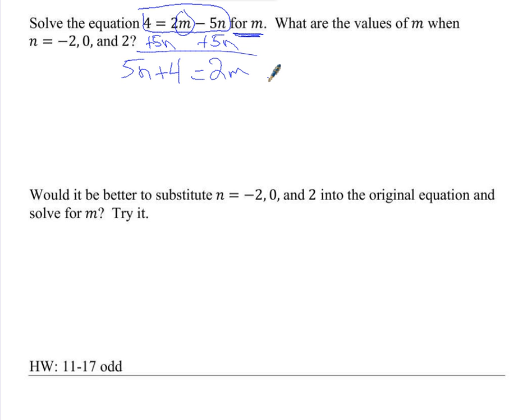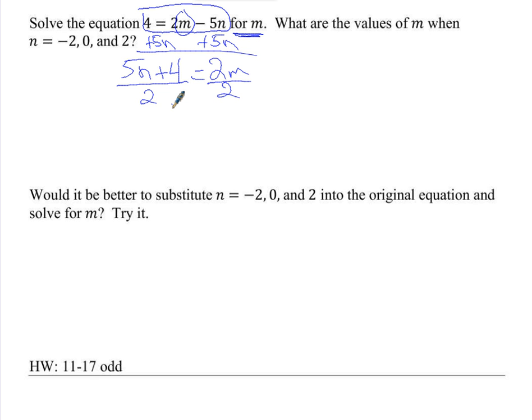Okay, now we just got to get m by itself. What do we do? What is being done to m here? Multiplying. So we want to get m by itself, which means we need to undo multiply times 2, which means we need to divide by 2. I'm dividing the right side by 2, and I'm also going to divide the left side by 2. And notice how I did that.